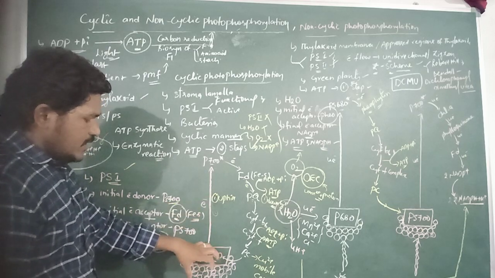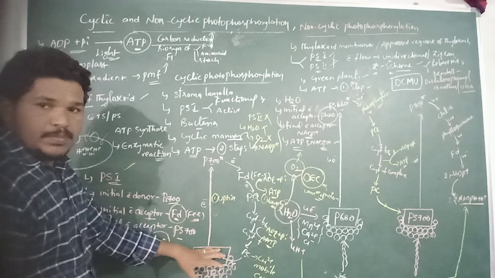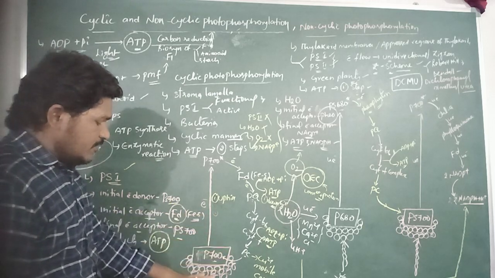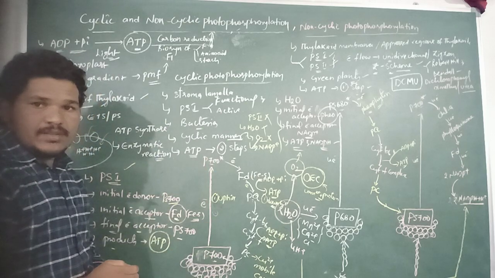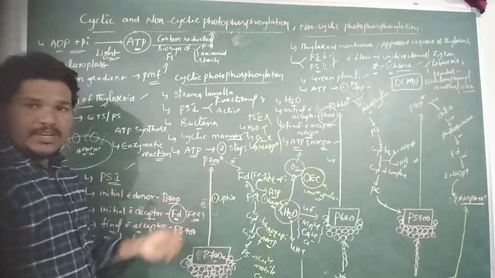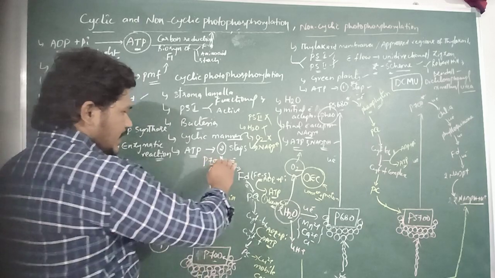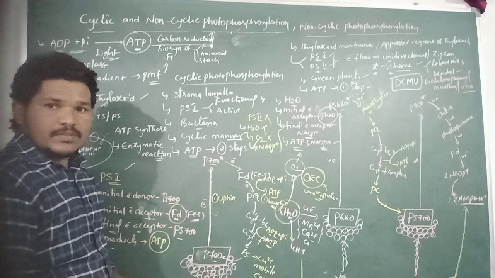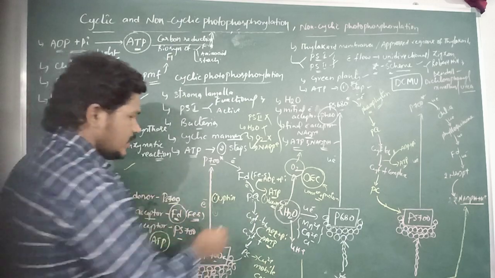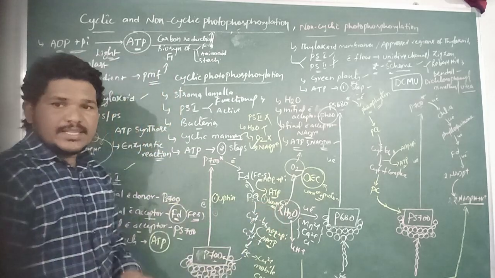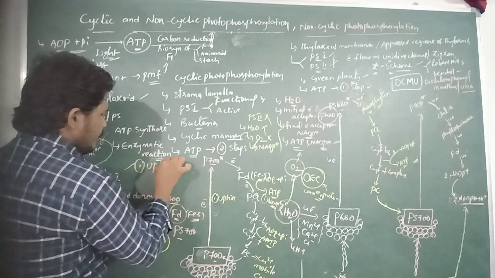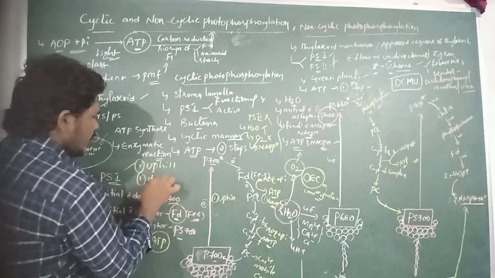When the reaction center of PS1 absorbs sufficient energy from the sunlight and goes to the excited state, this is the uphill step of the cyclic photophosphorylation. Then the electrons flow gradually down, and the energy level goes down, that is the downhill step.